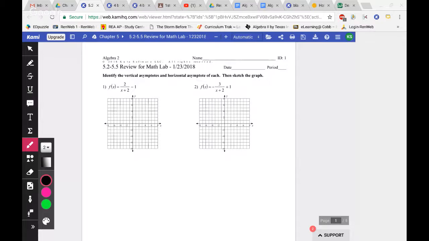Do I have any people that are willing to talk in there if I ask questions? Or is everybody going to be shy? Okay. Just to kind of see where everybody is. The first two on here are from 5.2. They're very general, more of the simple rational functions.